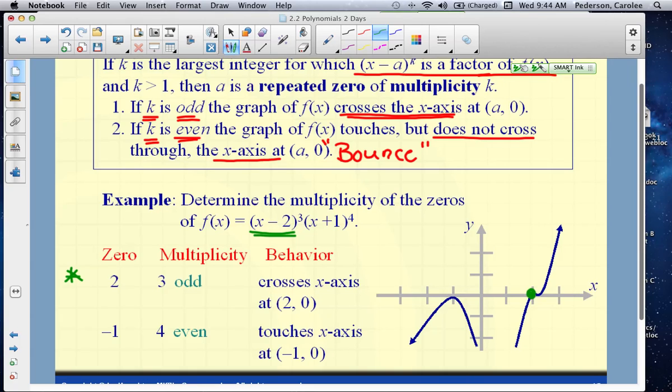Now look at the multiplicity, which is like the power. The power is 3. So now let's go up to that chart that I had you underline in the red. Since the power is 3, it's odd. That means it gets to touch the x-axis and go through it.